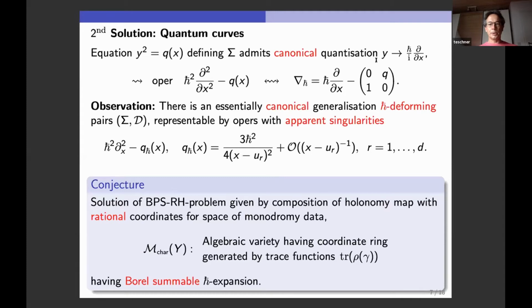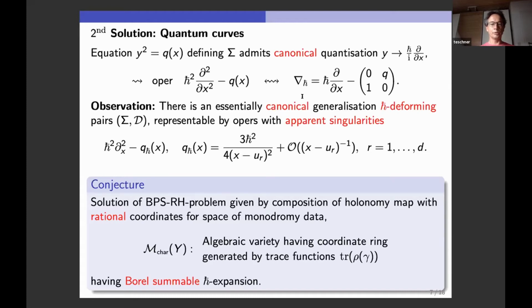What this very much suggests is to do the canonical quantization in order to introduce the h bar, which is then just in schematic form amounting to the replacement of y by h bar over i d by dx. So from this equation, what we get is exactly this differential operator that we already saw on the previous slide. And what this is basically describing is a class of holomorphic connections called opers.